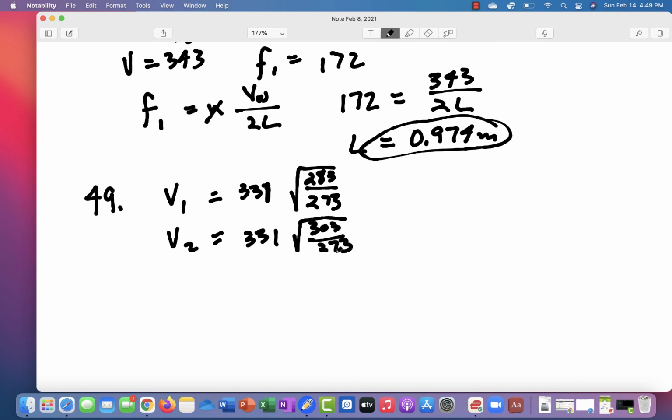Now, once you do all this, the frequency changes because frequency is directly related to the velocity. And so at a higher, I mean, you can do it either way. Let's do it this way.